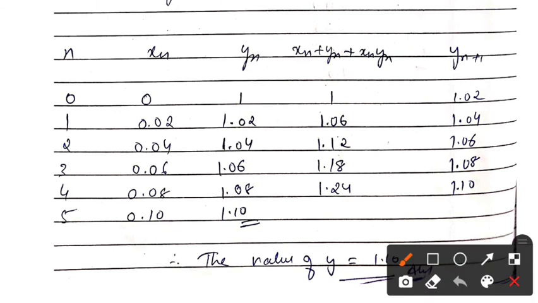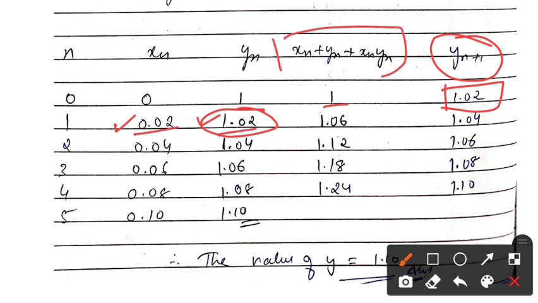You will get your function, that is f of x, y. Put these values in this equation, that is Euler's equation. Okay, now again you get here 1.02. Put this 1.02 over here, you get your y1. See, this is your x1, this is your y1. Again put these two values in this formula, xn plus yn plus xn yn. Okay, you get 1.06. Put this in the formula, you get 1.04.